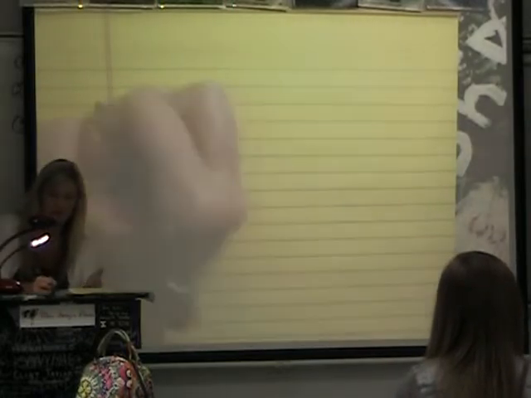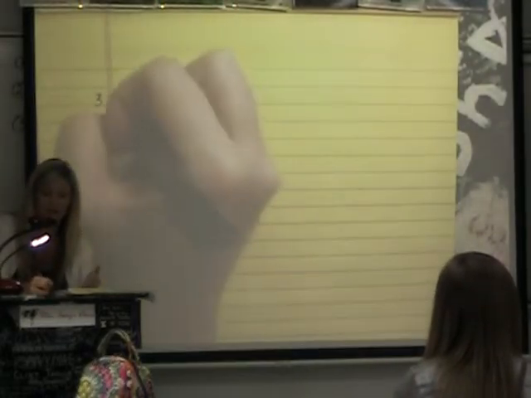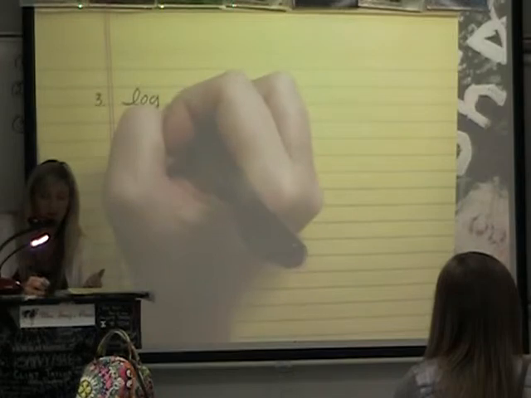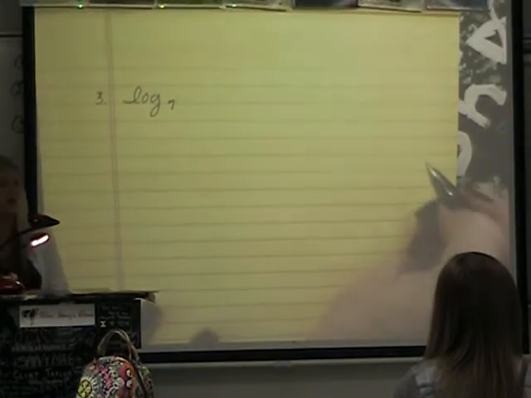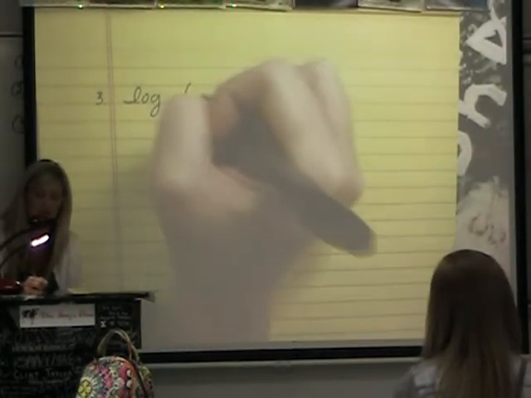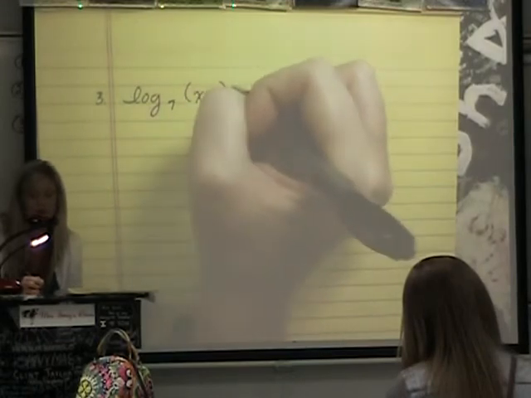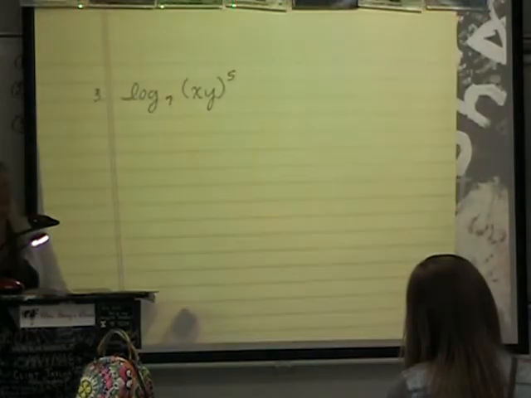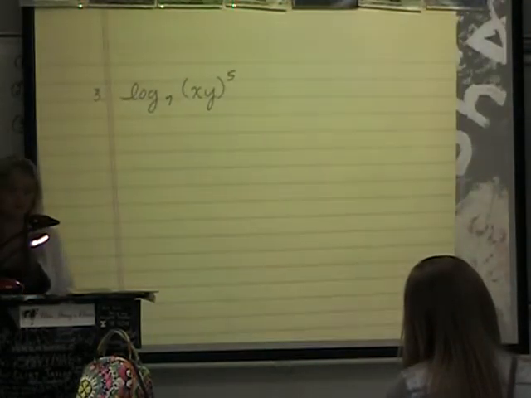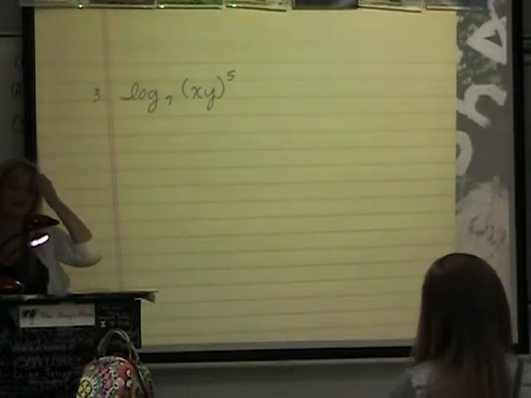Yeah. So, in example 3, I'm going to do pretty much the same problem, but I'm going to put the exponent on the outside of the parentheses. So log base 7 of x y, all to the 5th power.